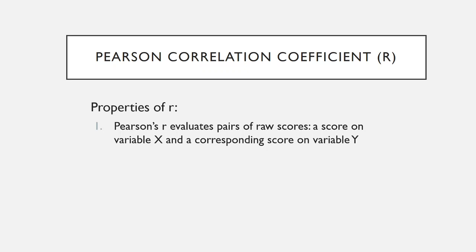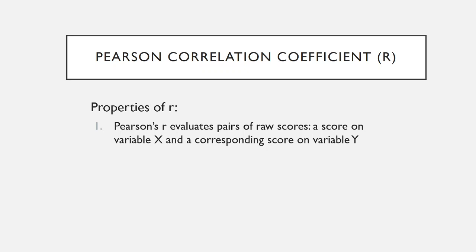Another feature of this property, when I say the Pearson's R evaluates pairs of raw scores, to do a correlation for each participant or each data point, you're going to need their value on variable X and their value on variable Y. So if any of you were wondering why I was harping so much when you were creating your projects on making sure that you distinctly defined your variables and did not have questions that asked about both variables simultaneously, this is why.